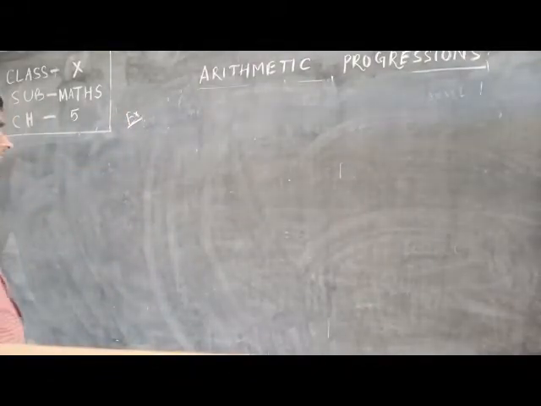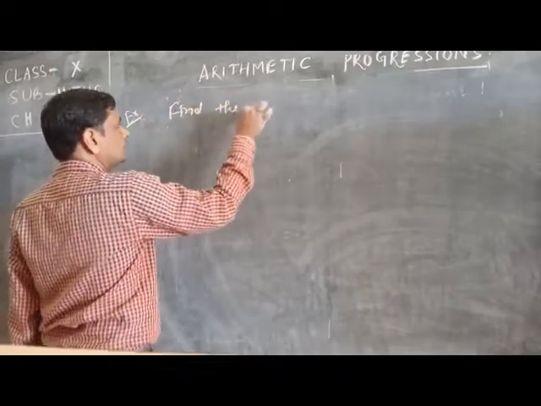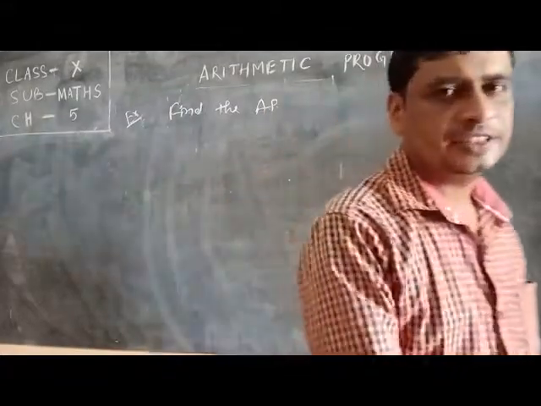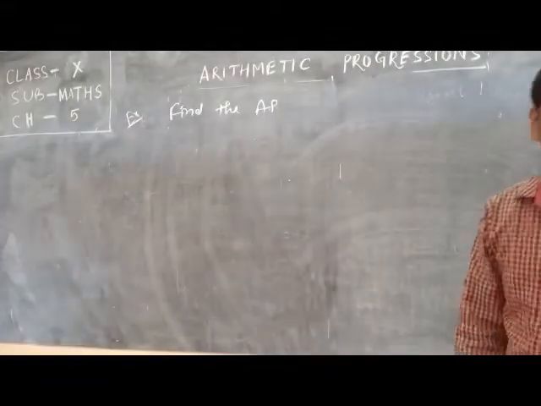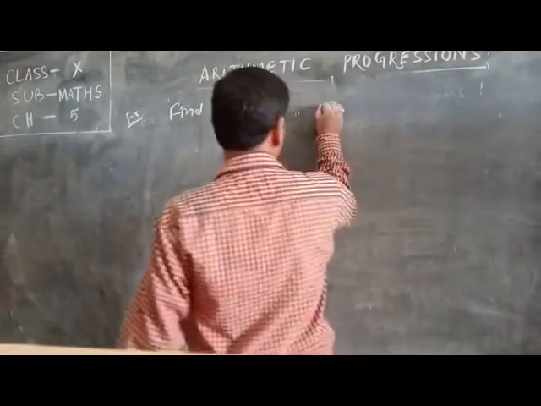One more example is here. We have to generate an AP where the third term and seventh term are given.